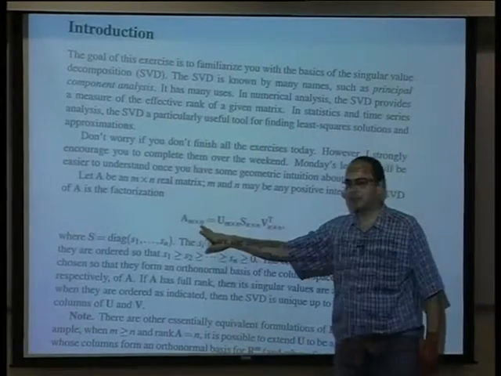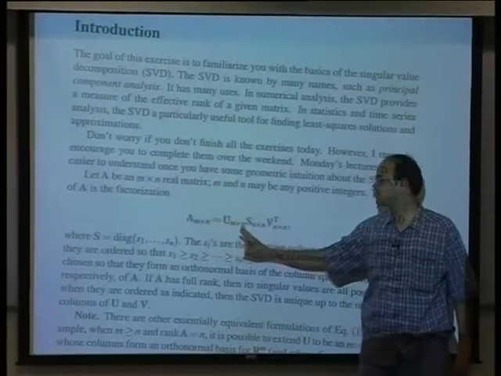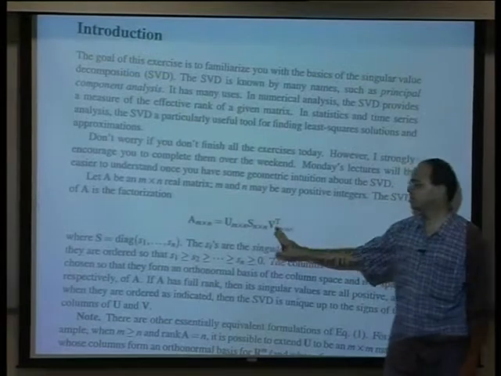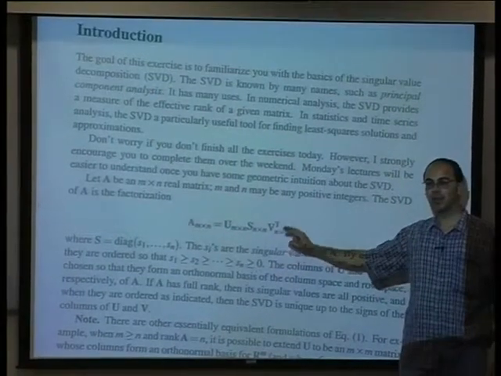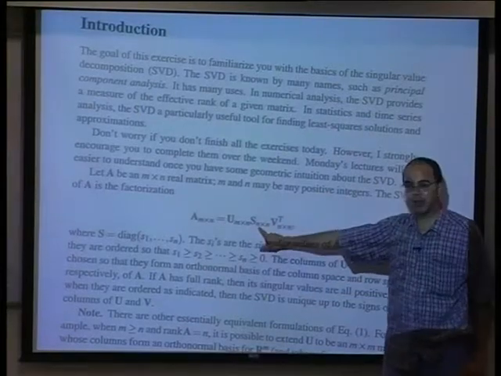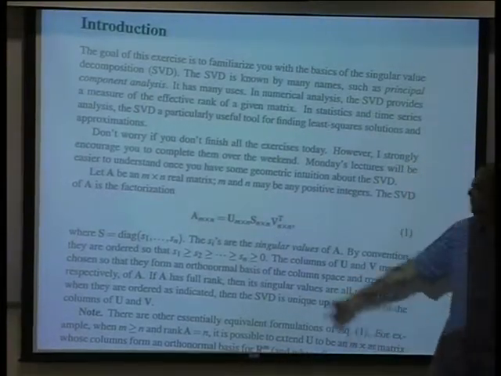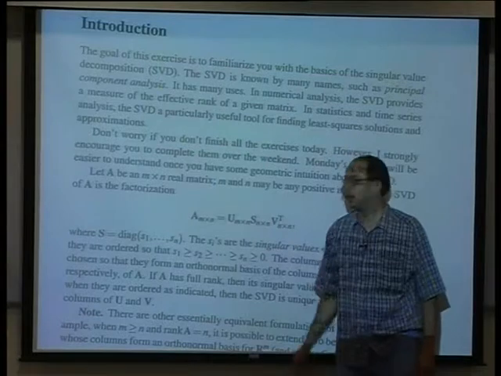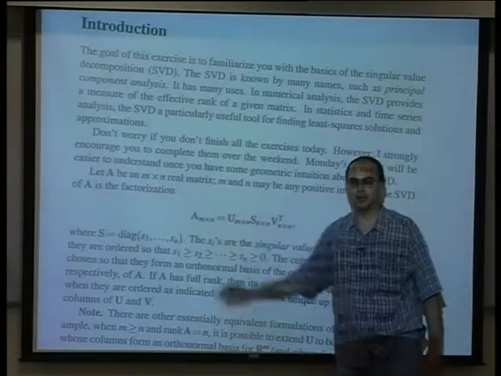Any m cross n matrix can be decomposed into U S V transpose, where S is diagonal. That's what this says. It's an n cross n matrix which is diagonal.